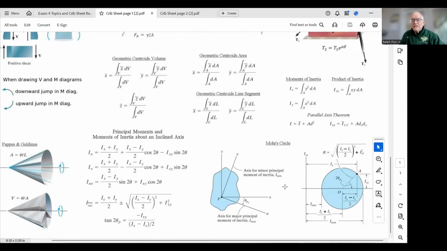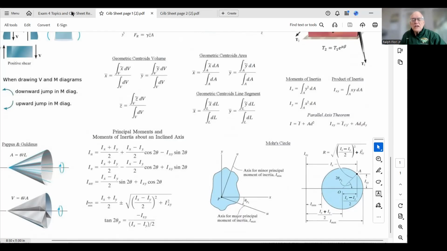The horizontal axis is moment of inertia, so your Ix, Iy, Imax, and Imin are all on that axis. Point A again is your x face, which is Ix and Ixy. He doesn't give the mirror image of A, which would be point B, down in the lower left quadrant of the circle.